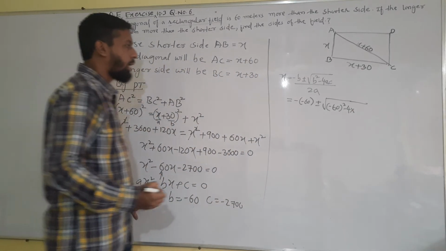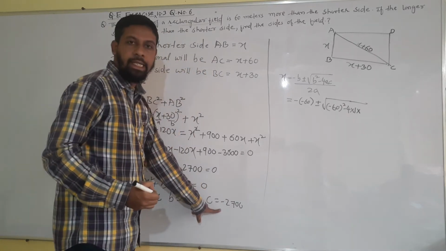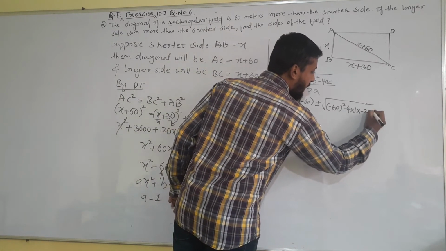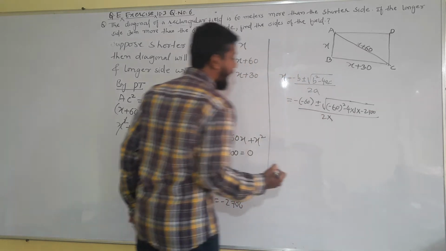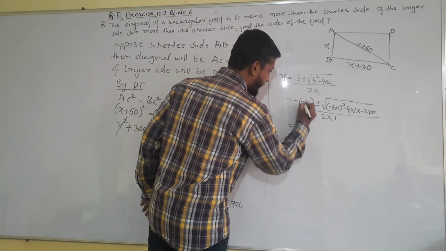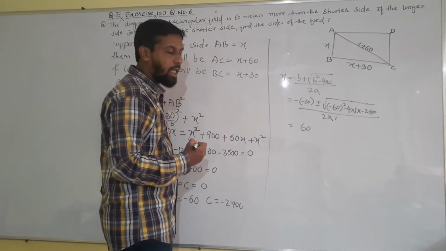A is how much? 1 into c. C is how much? Minus 2700, divided by 2 into a. A is how much? 1. Now minus into minus is plus. So this value will be 60.